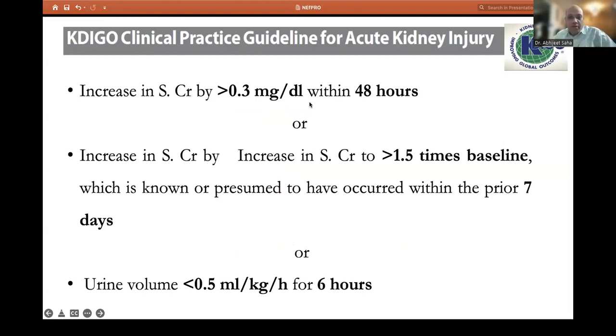So this child also had a raised creatinine. Now you must be wondering whether a creatinine of 0.8 qualifies for acute kidney injury or not.